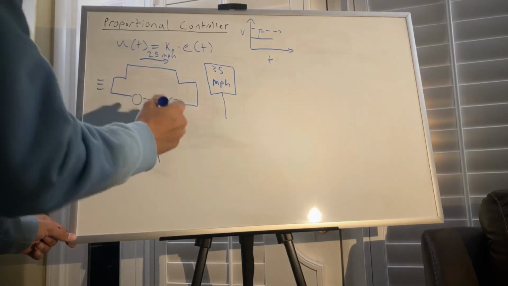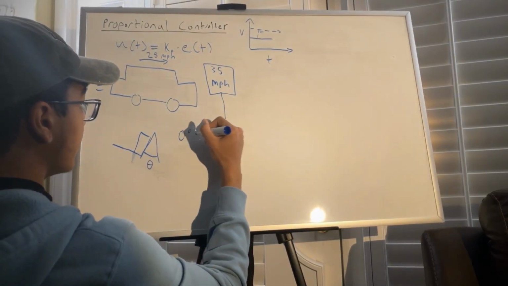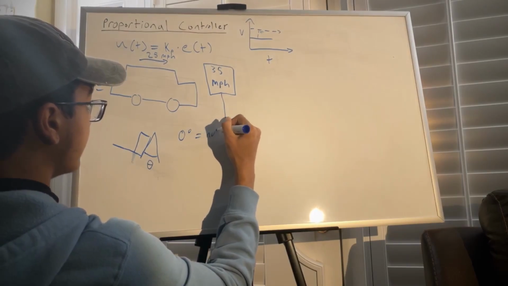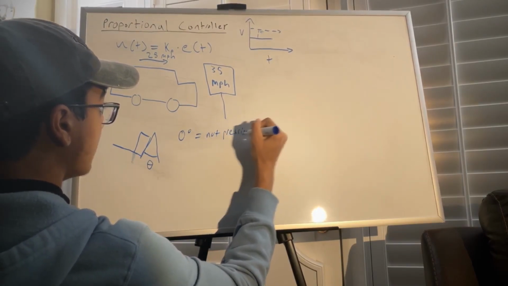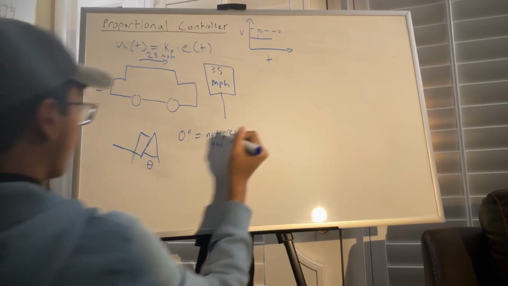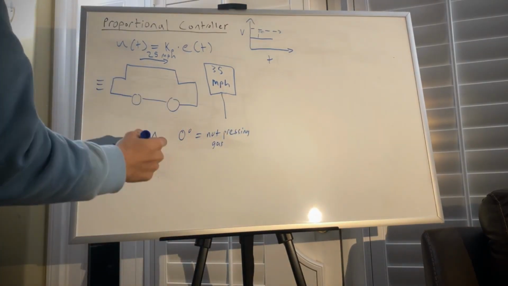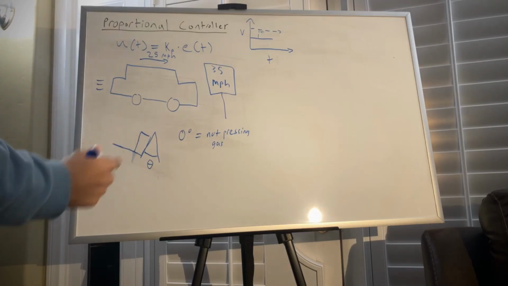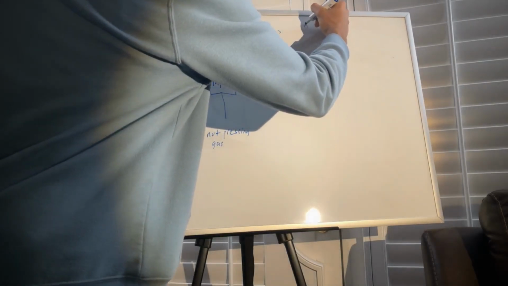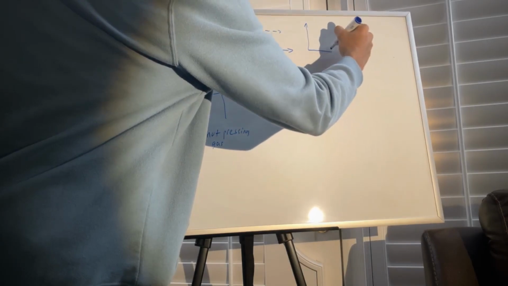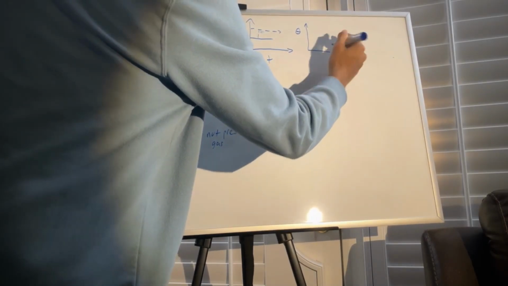So we're going to define this theta as 0 degrees equals not pressing gas. So we're going to say that our 0 theta means that we're not pressing down on the accelerator at all. So if we then draw our theta versus time graph, I actually want to extend this a little bit.